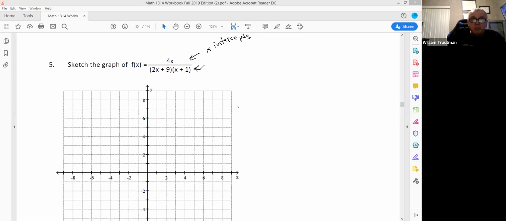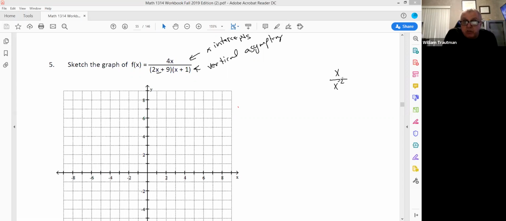The bottom is the vertical asymptotes. Now look at the bottom again. Oh, it just says sketch the graph. But look at the top. The top has an x on it. The bottom has 2 x's. X times x is x squared.